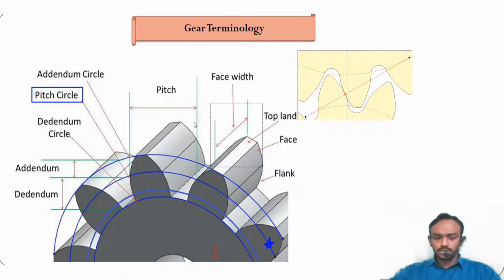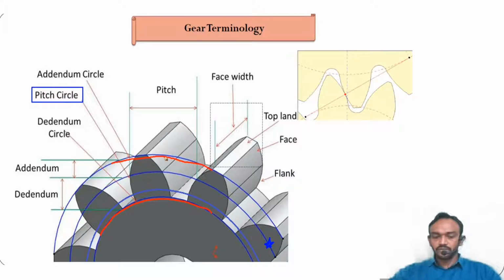Okay, the second terminology is the topmost circle, the first circle. The circle which passes through the top surface is known as the addendum circle, and the circle which passes through the bottom or root of the gear is known as the dedendum circle.